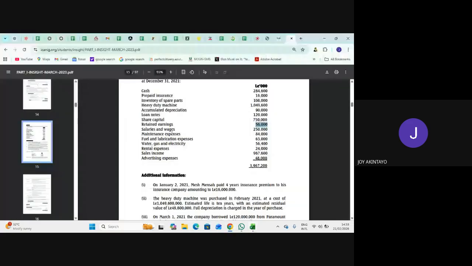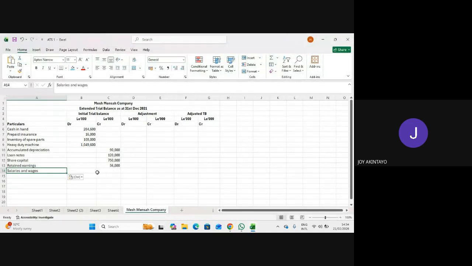Maintenance, salaries and wages. Where are we putting it? Salaries and wages, debit side or credit side? I need your response.